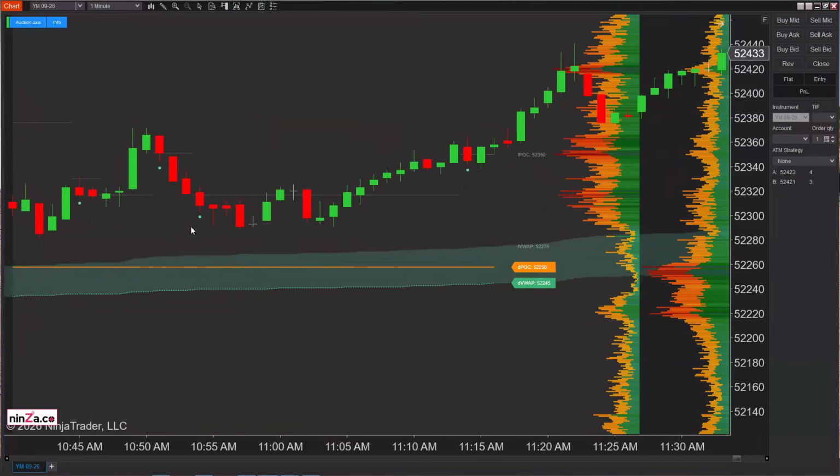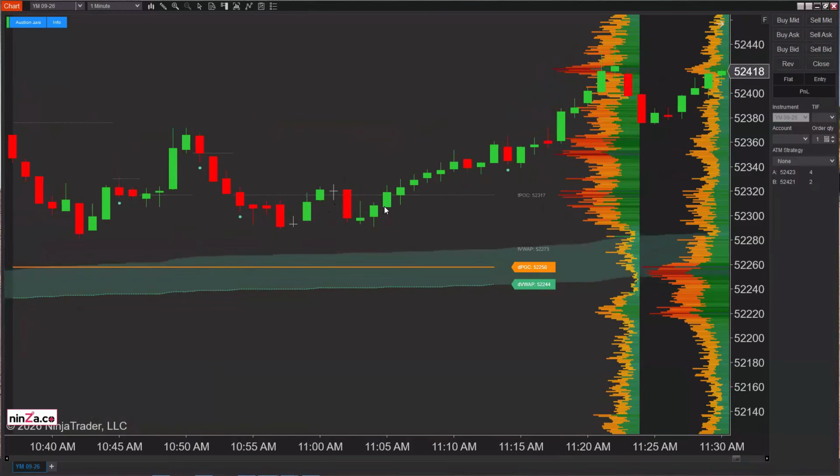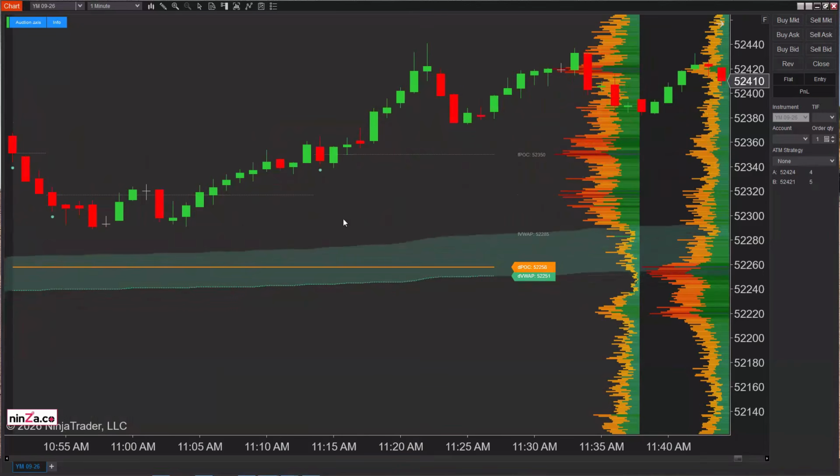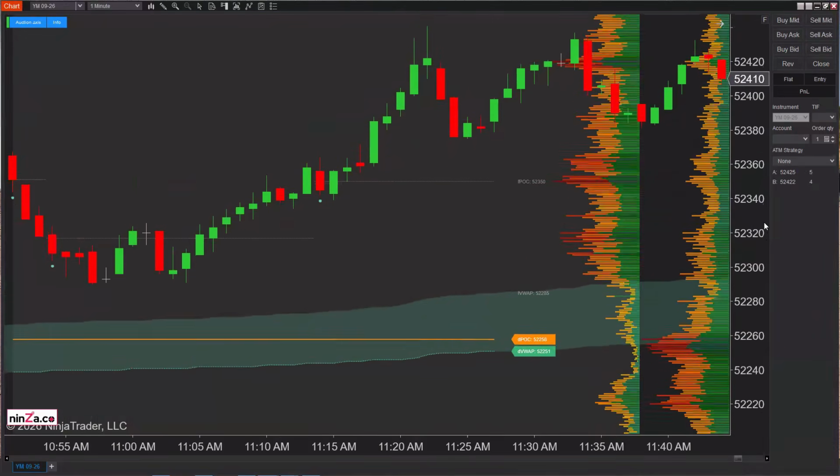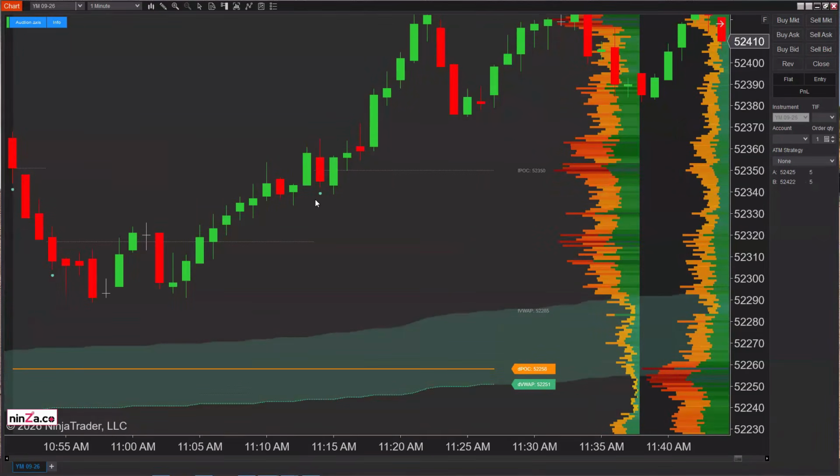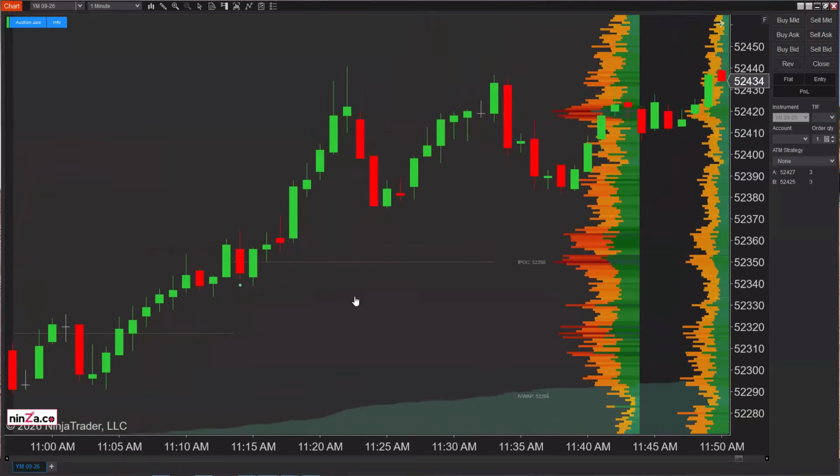Now, you see again, this is the small point of control, and it's rising. So all of this tells you bullish. You see the dots underneath. That tells you bullish. Support. Dynamic support.